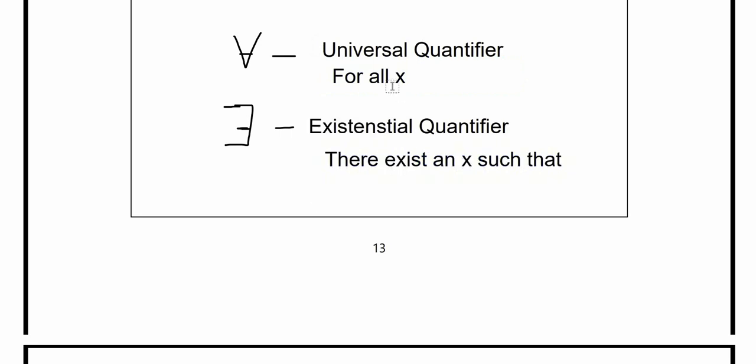These two things you will have to just understand, not even remember. The symbol represents for all x, and the existential quantifier symbol represents there exists an x such that. Only up till this line you remember this, then we'll take it forward and I'll explain what it means.